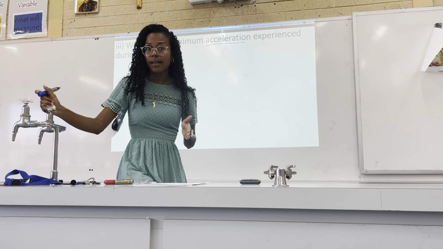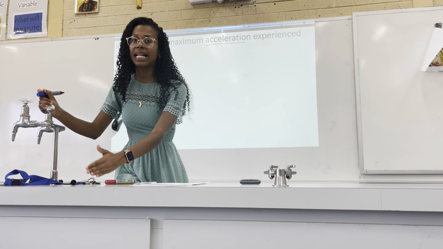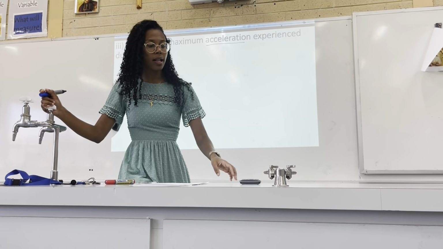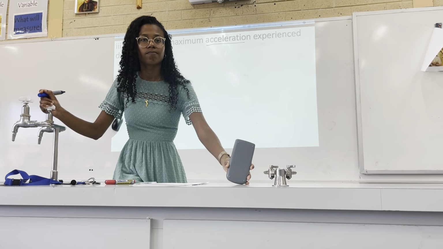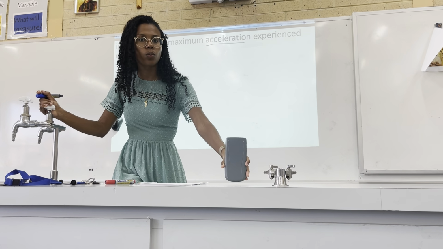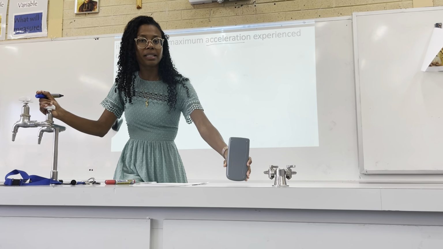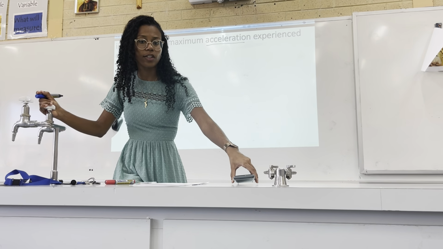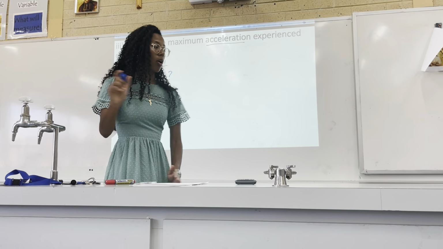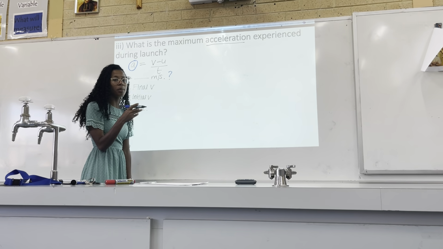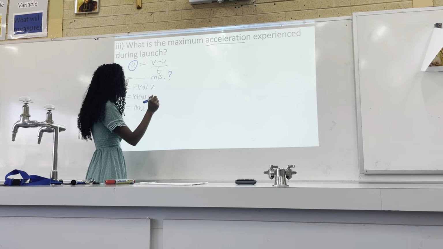And we say that U instead is now 0, because once that rocket is down there on the surface of the ground, it's not doing anything. It's waiting for something to be done to it, okay? So we say it's at rest. So we say that U is 0, U being our initial velocity.